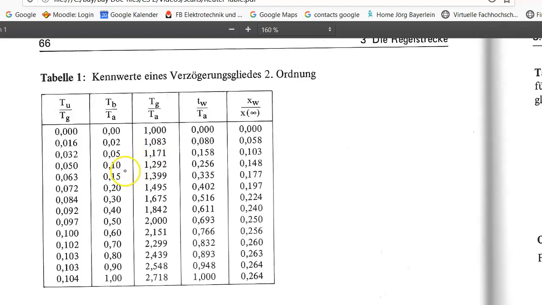You can find it, the Reuter identification module, which does the job for you automatically with program background. But the idea is clear. You have to measure TU and TG, put the numbers in, and then calculate TA and TB. I show you how to do this, and then we make an example.